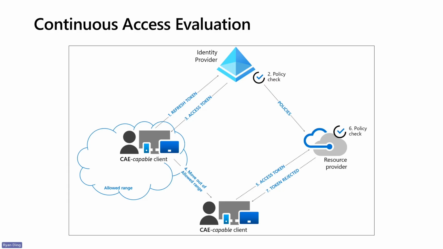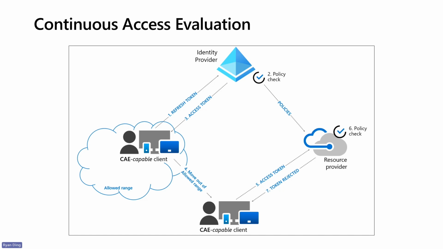These events are things such as user accounts being deleted or disabled, password changes, multi-factor authentication changes, an administrator explicitly revoking refresh tokens, or risk being detected by our Entra ID Protection, right?